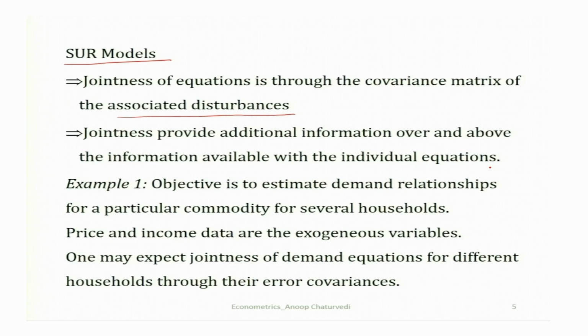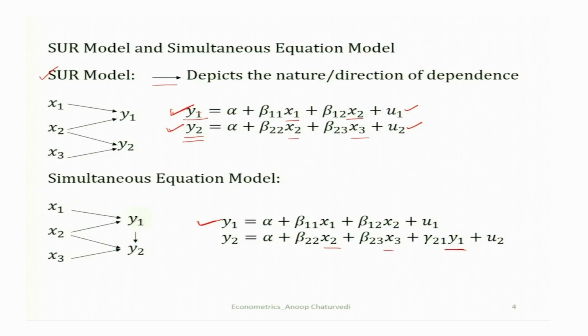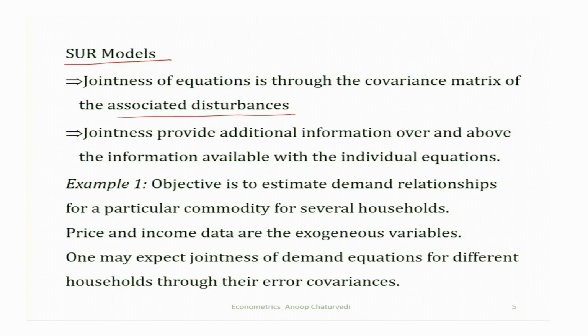You get information about y 1 from this equation, then since u 1 and u 2 are correlated with each other, you can say that the second equation also has some information about y 1. So, the jointness provides additional information over and above the information available with the individual equation. You have information contained in the equation, and then the second equation also has some information about the first equation.